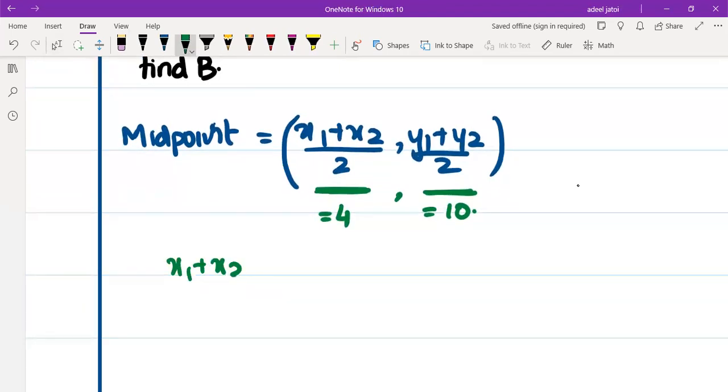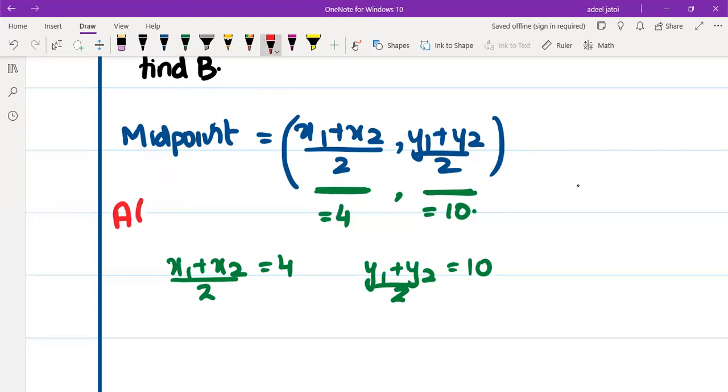x1 plus x2 upon 2, which is equal to 4. And we can also write y1 plus y2 upon 2, which is equal to 10. Why did we do that? We did this because we already had the midpoint. Now, we also know that we have the coordinate A, and that is 2, 4.